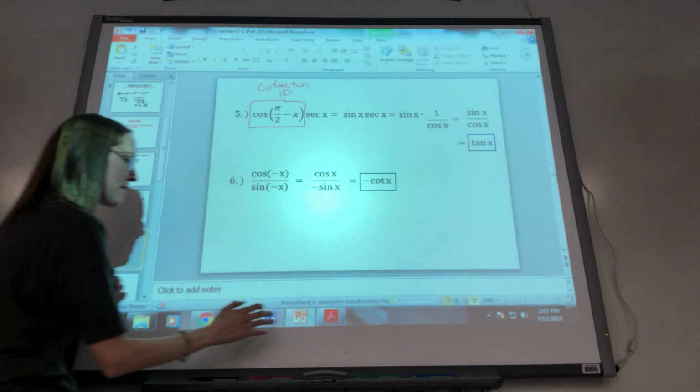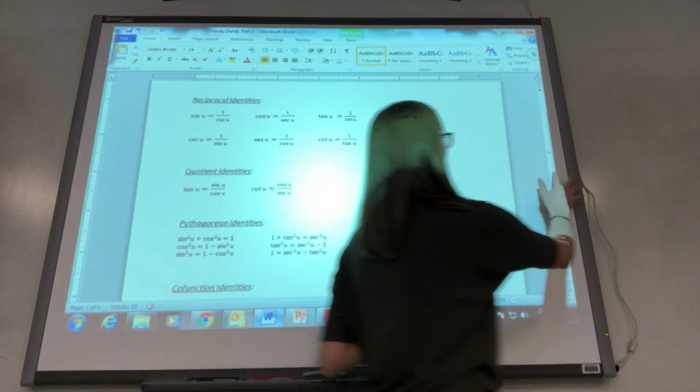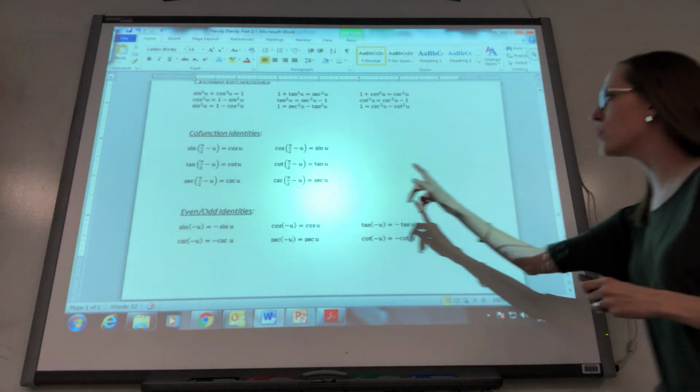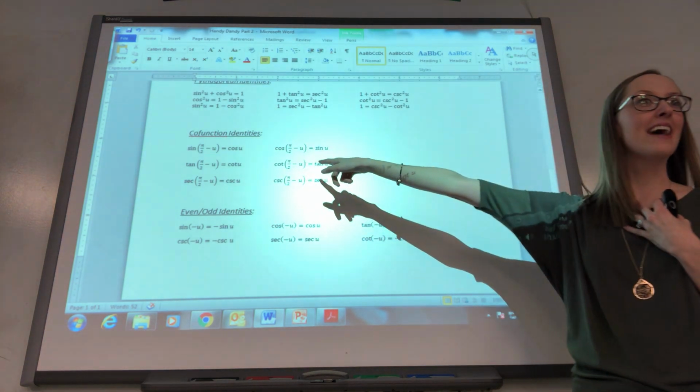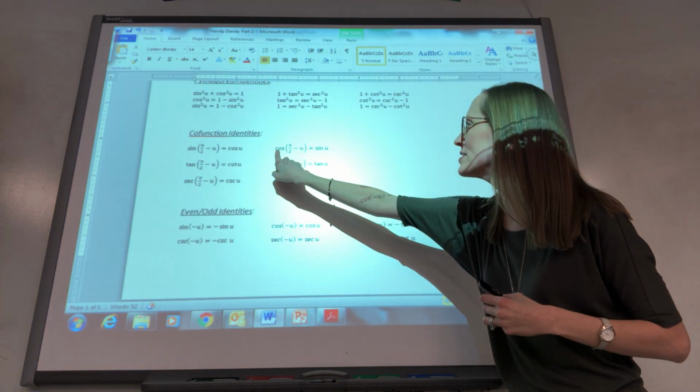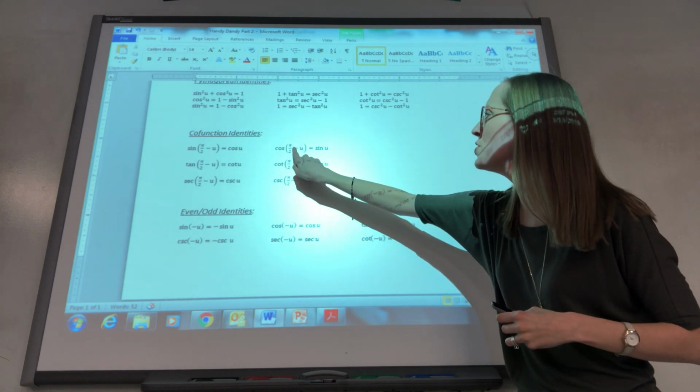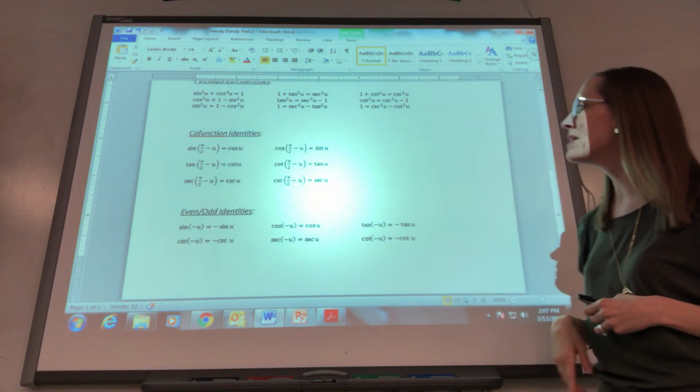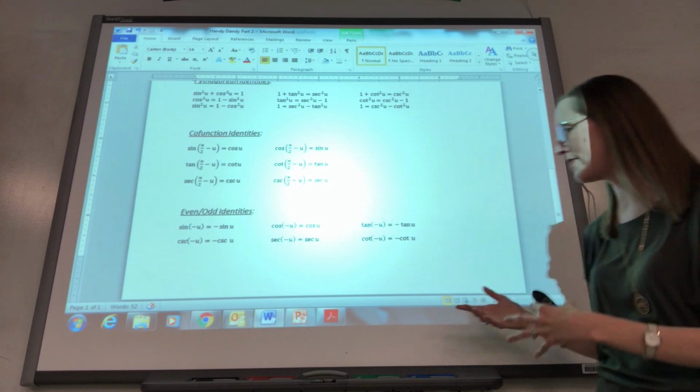Sine of x. I'm going to show that up here in case you don't see it. The u in this problem is x for us. So cosine of pi over 2 minus x, that would be the same as sine of x.